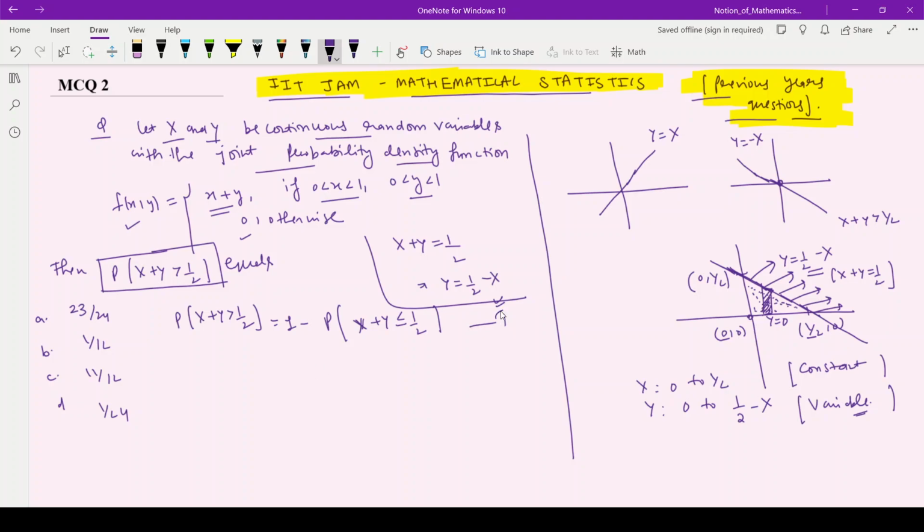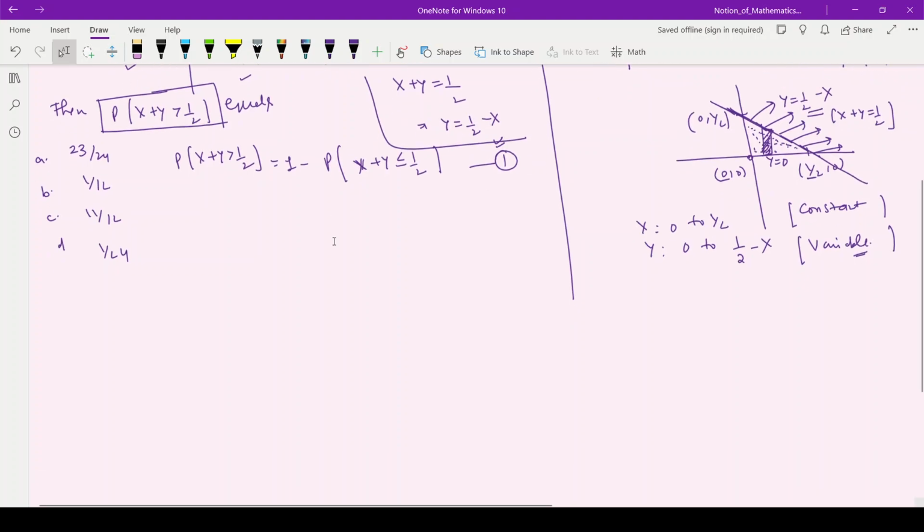Suppose this is equation number 1. So the probability of x plus y less than or equal to 1 by 2 will be written as the integration with the limit of y first. Limit of y is 0 to 1 by 2 minus x, and f(x,y).